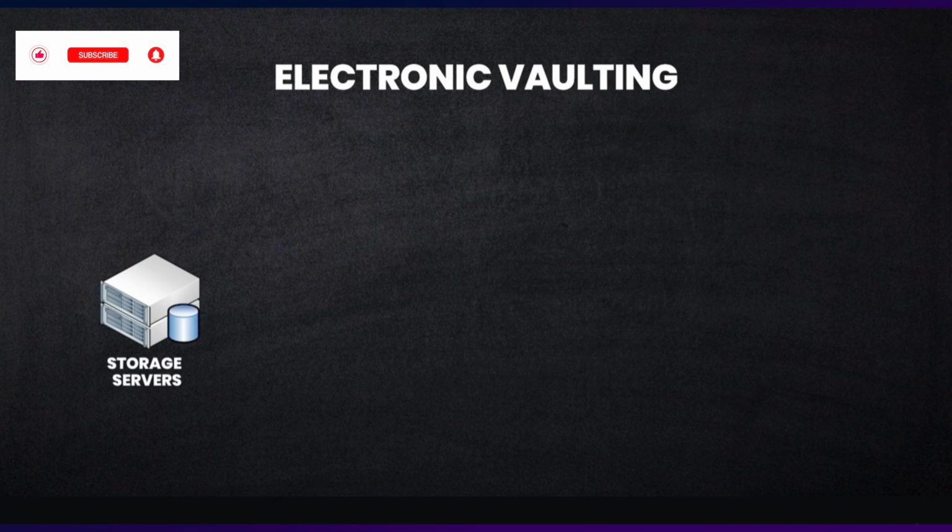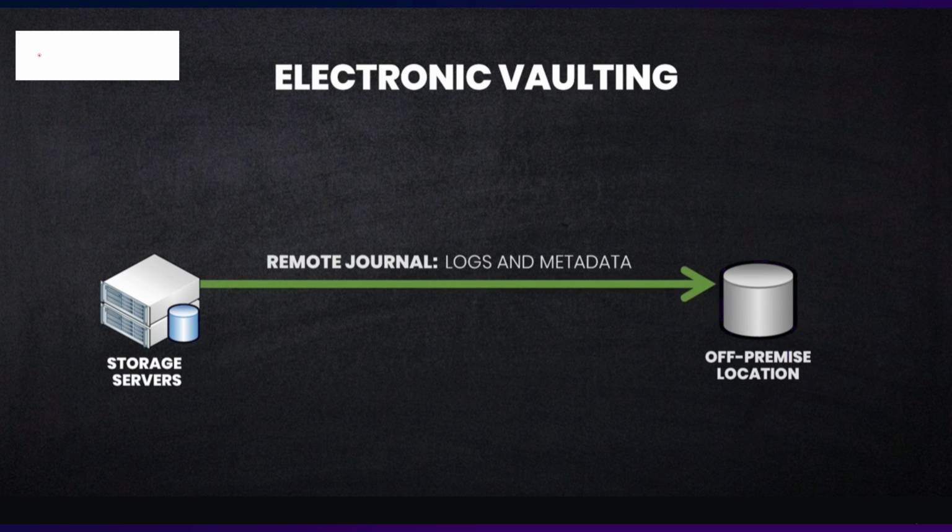Now, to back up your data off-prem, we can use what's called electronic vaulting. Maybe we have some storage server and we are going to send the backups to an off-premises location. The first way we can do this is to perform remote journaling. This is sending our logs and metadata off-prem, so we can back up our system logs, so we can perform auditing, audit trail analysis, all those different things that we do with the system log, and also the metadata, so we can track all the changes to the data as well.